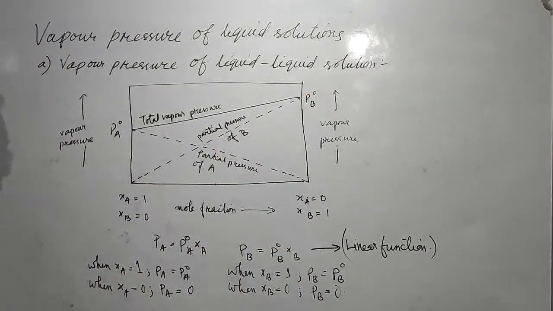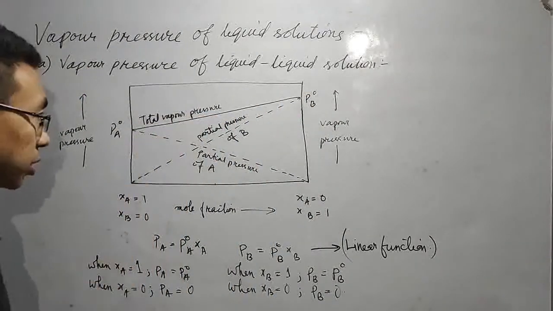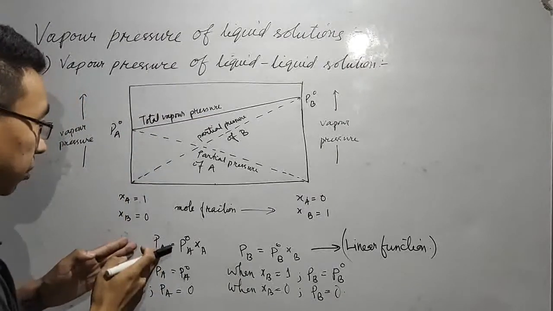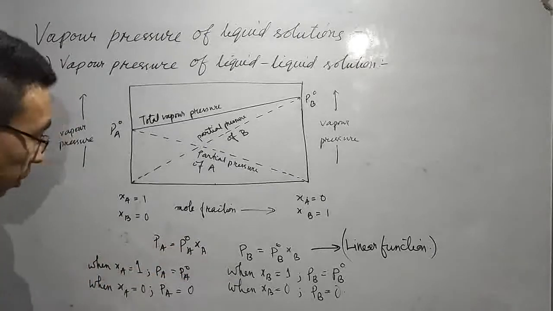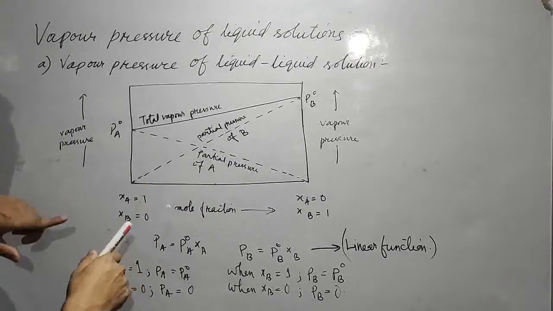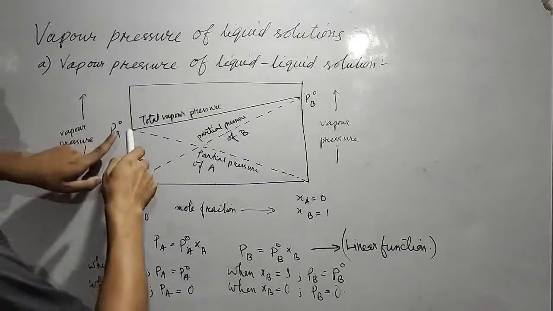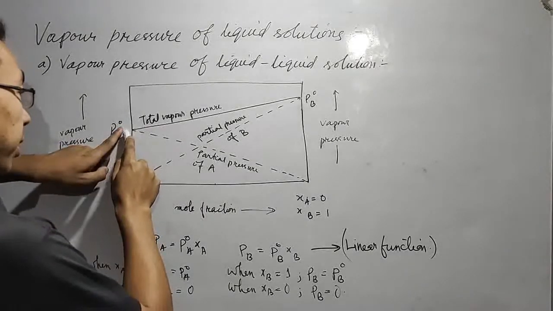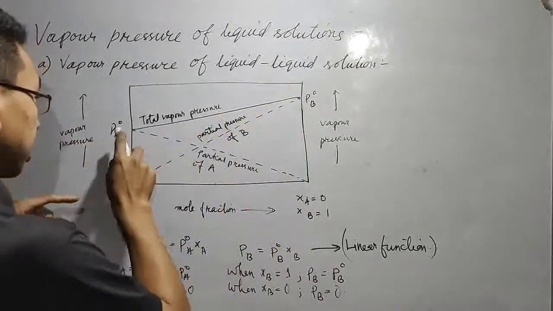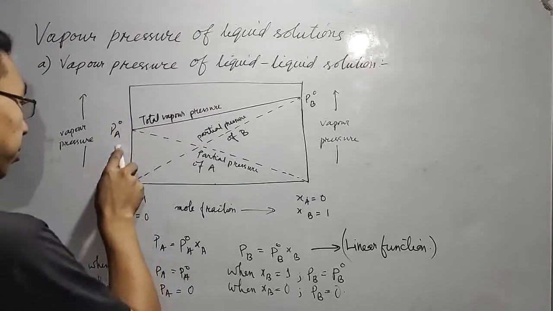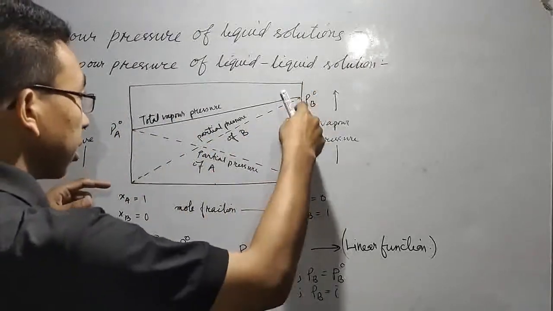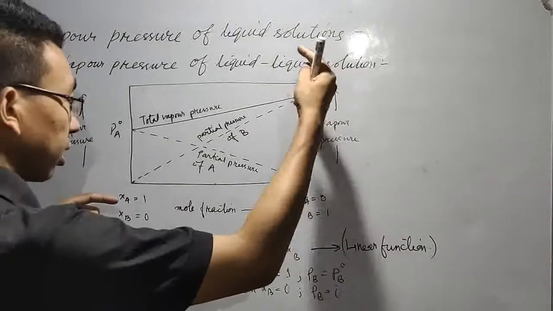Now finally, the total vapor pressure will be the sum of the partial pressure of component A as well as component B. As you can see on the graph, we join the points of PA degree and PB degree. This is the minimum value of the pressure when they are mixed together in solution, and this is the maximum pressure in solution.